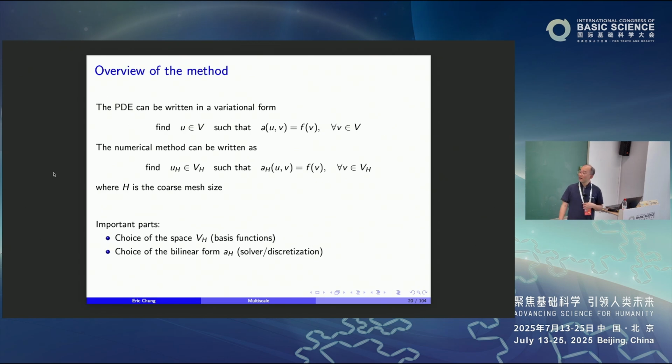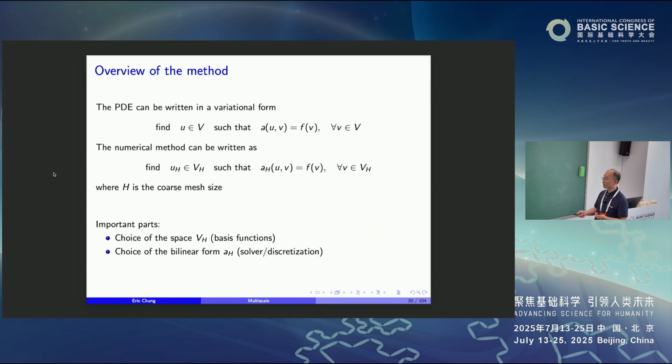Before I go into the more technical details, this will be the overview of the method. Again, your PDE looks like this. It's a variational form, and we try to find an approximate solution by solving this equation. In this numerical scheme, there are two things that we have to define. One is V_H, the space in which we find the solution.